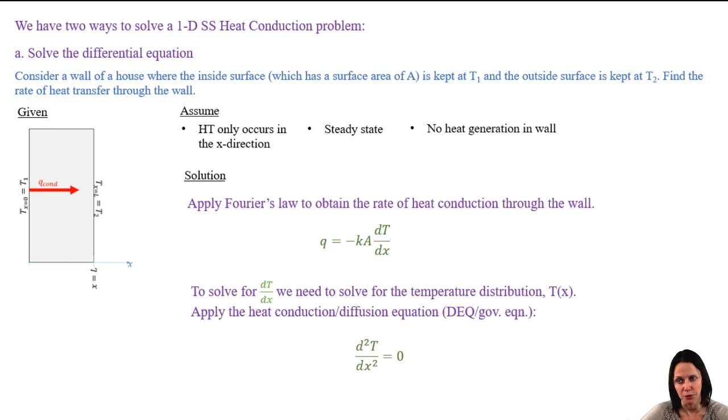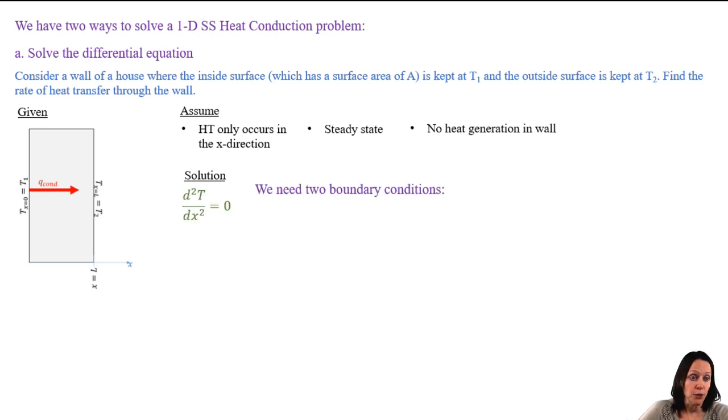Notice I got rid of those partials since the temperature is only a function of x and not x, y, z, and t. You need two boundary conditions for each direction in which the heat transfer is significant. You have two boundary conditions, at x equals 0 and x equals L.